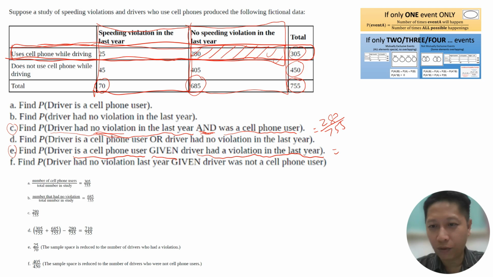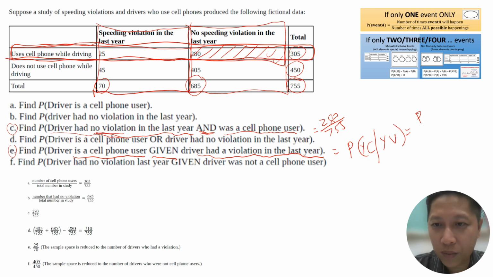We're going to use the conditional probability formula. It will equal the probability of a cell phone user, yes, given yes, violation. So the formula says that it will be the intersection between yes using the cell phone and yes violation, divided by yes violation.